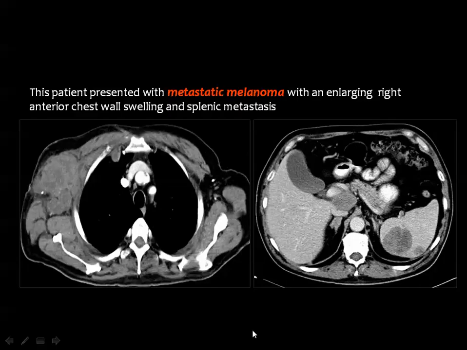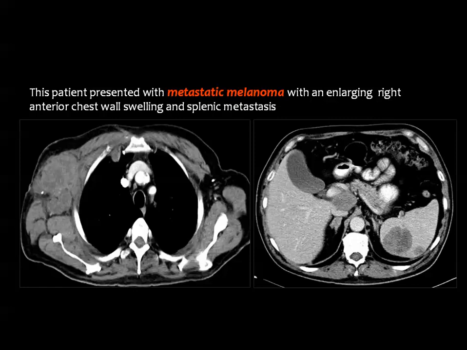Then we will discuss the issue of lymphoma in the sector of abdominal imaging, but this patient is known to have metastatic melanoma, and the focal lesions in the spleen are metastases, and the lesion in the suprarenal gland is metastasis, and this lymph node is metastatic, and of course the mass in the chest wall and in the axillary lymph nodes are also of metastatic origin.